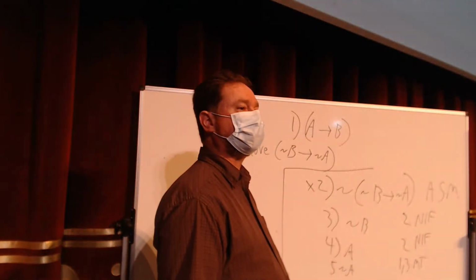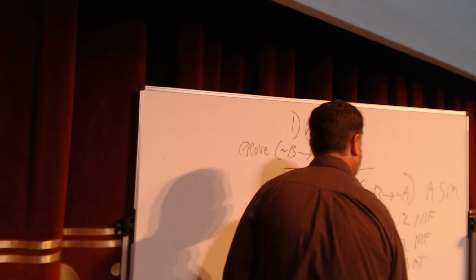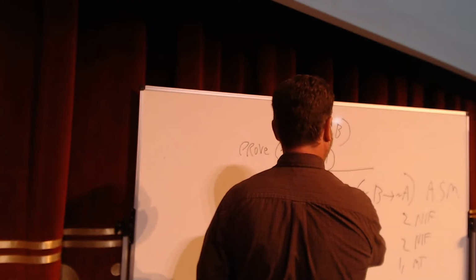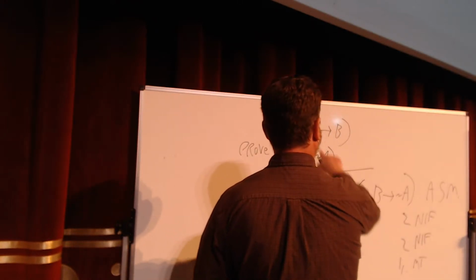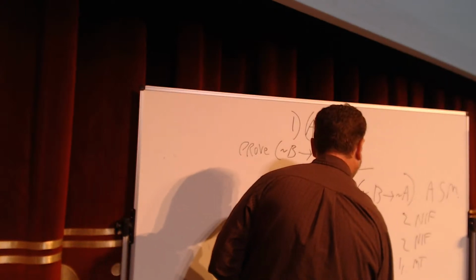I saw your hand, yes. Absolutely. And that would be 100% equally correct and equally efficient. So instead of doing 5, getting not A, you could plug the A from 4 into 1, and you could get B. And that would be from 1 and 4.